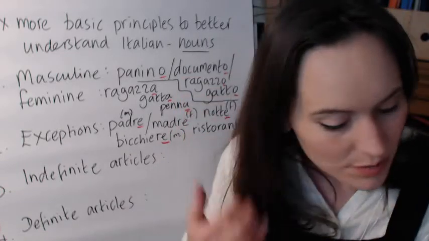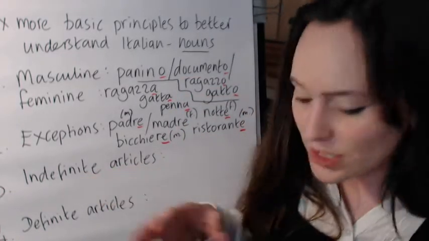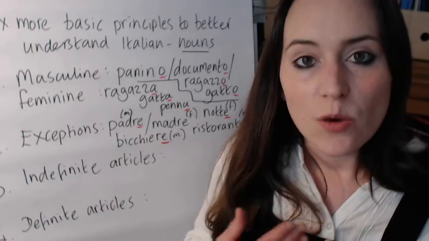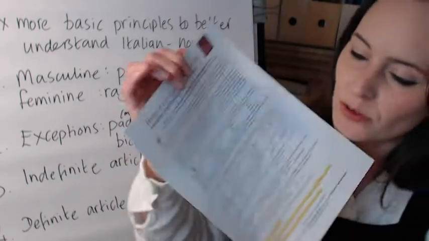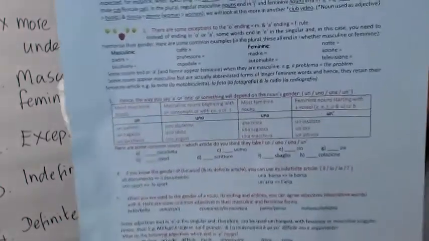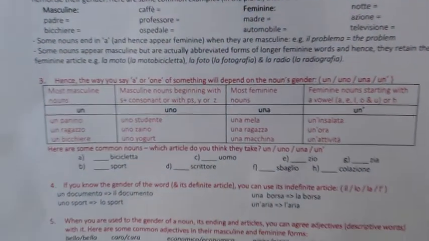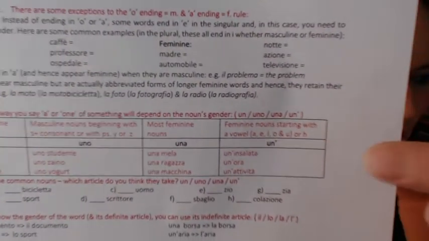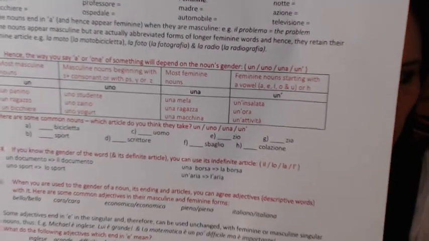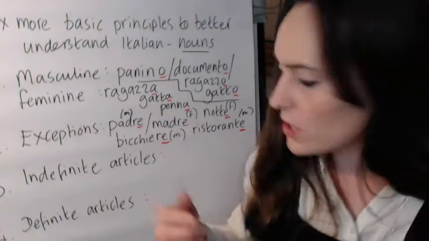The indefinite ones are how you say one or a something. So here we've got a little table of that, and we've got four options in terms of ways to say a or one of something.